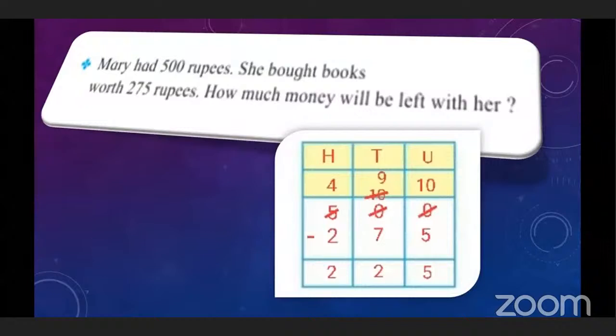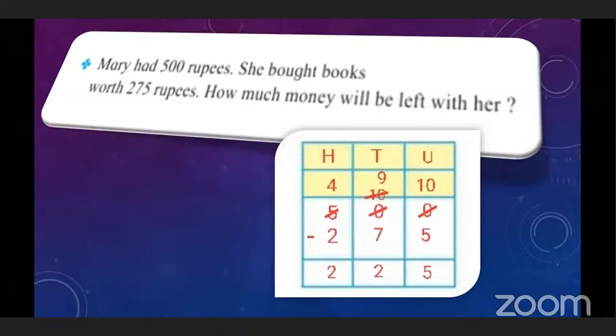So when I cut, there will be 4 at the hundred place, and then at the tens place there will be 10, but I need 1, so again I have to cut that 10. 9 will remain at the tens place, and here now I got 10, and now I can easily subtract 5 from 10 and my answer will be 5.